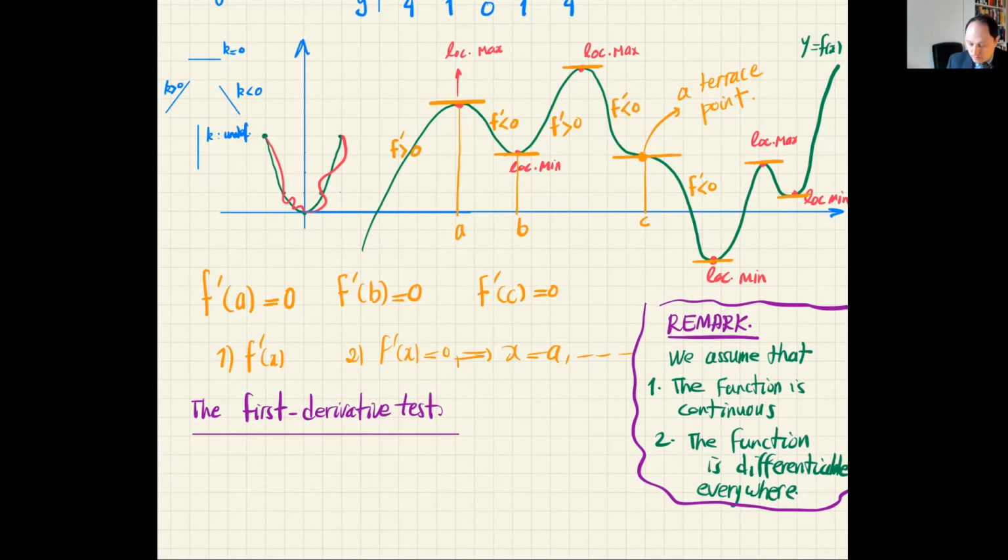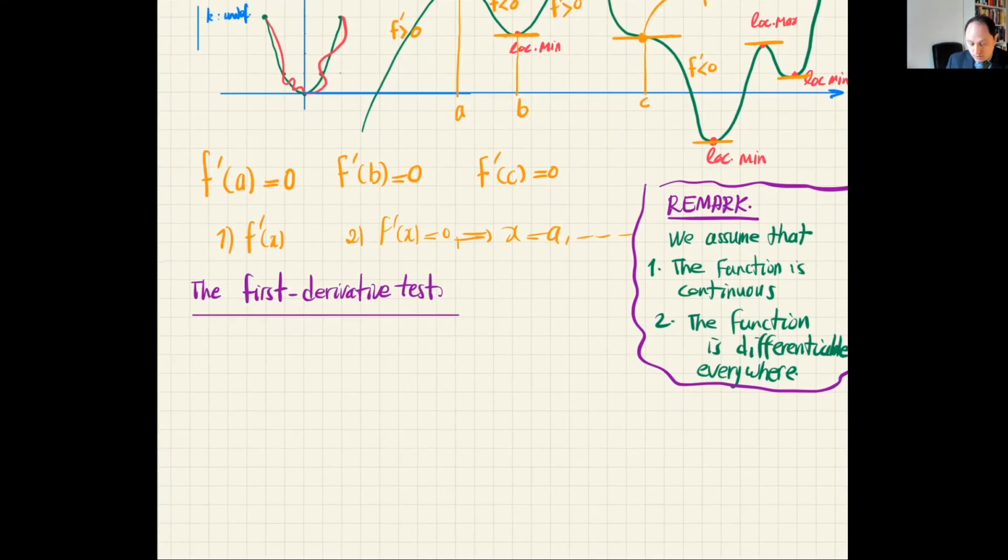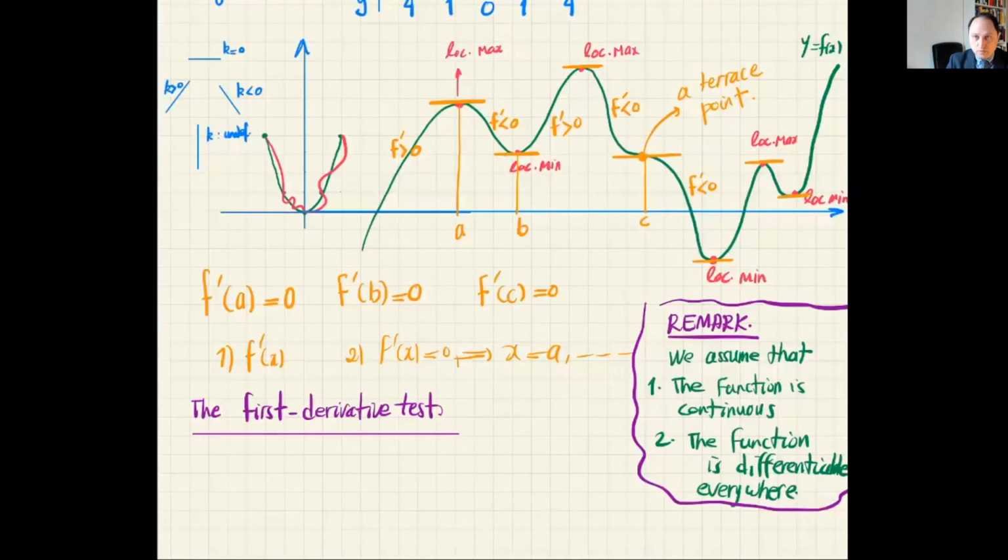So have it in the back of your head. Because if this is not the case, this theorem still is true, but I need to change something in it a little bit. Okay? Okay, so the lesson, I talked a little bit because I really want you to understand this picture.